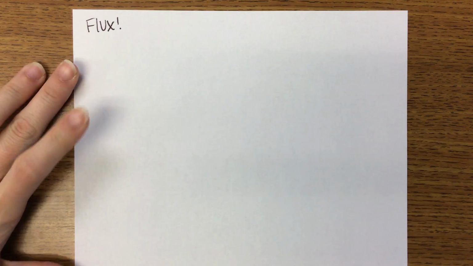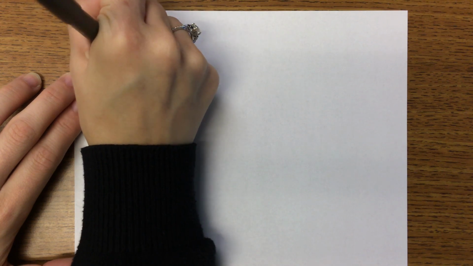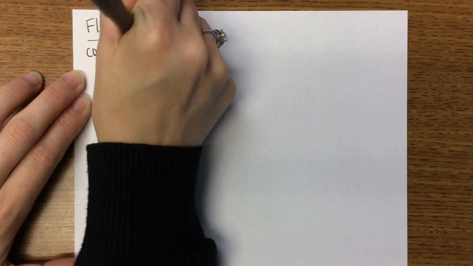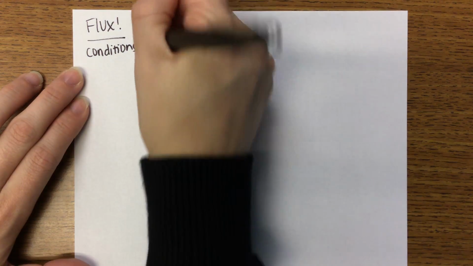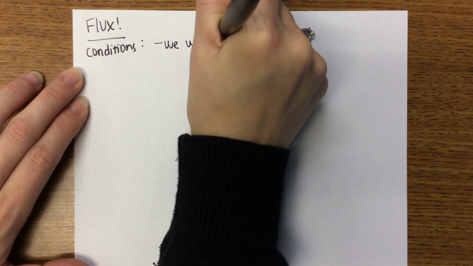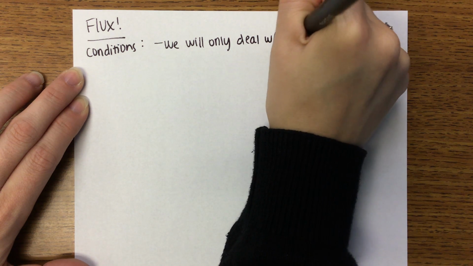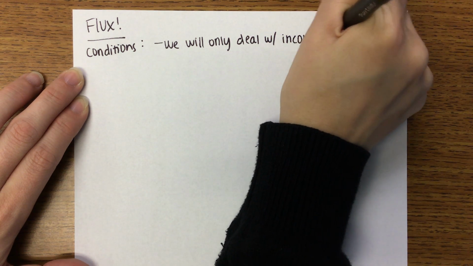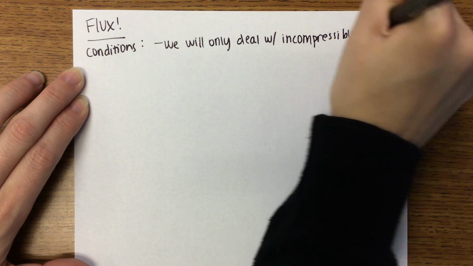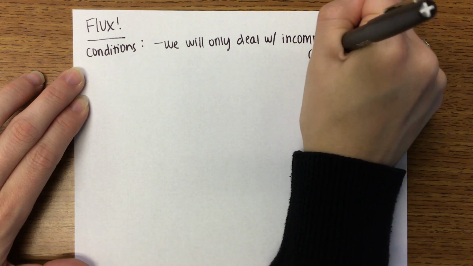Okay, all that orientation leads to flux. We need to talk about a few conditions before we talk about the definition of flux and how to calculate it. First condition, we will only deal with incompressible fluids, so fluids that have uniform density.